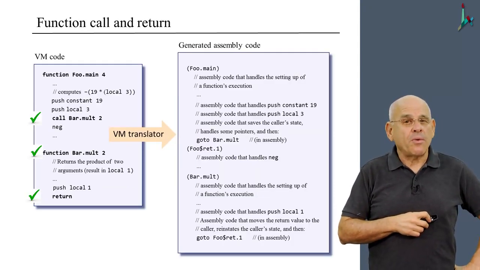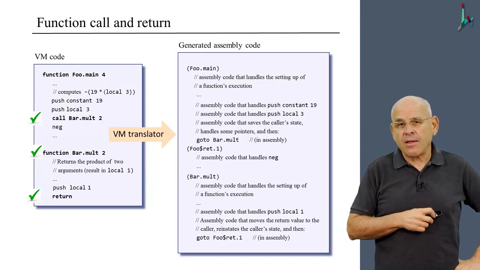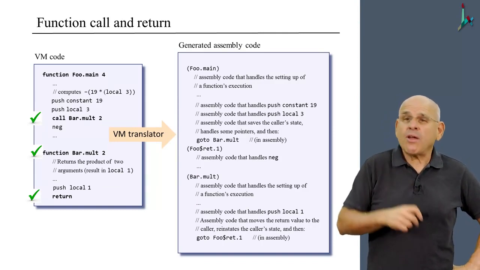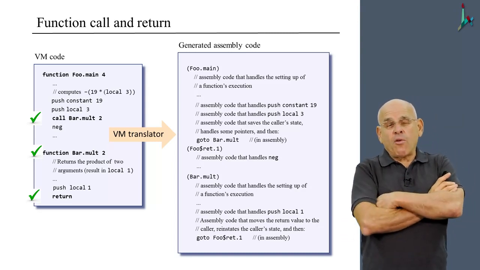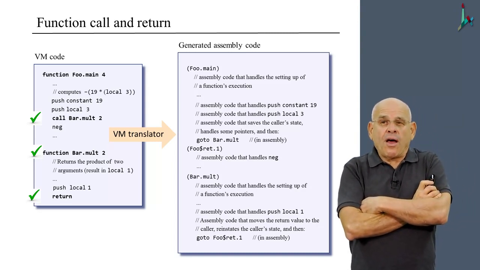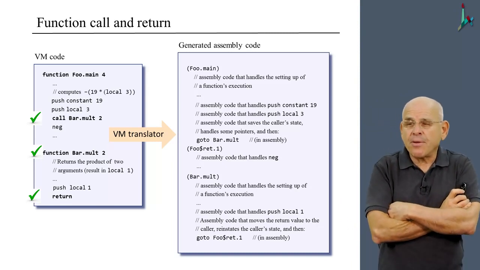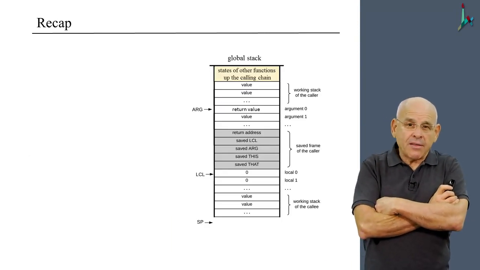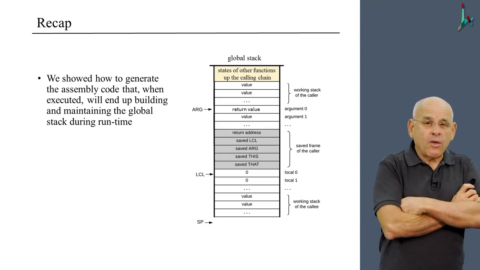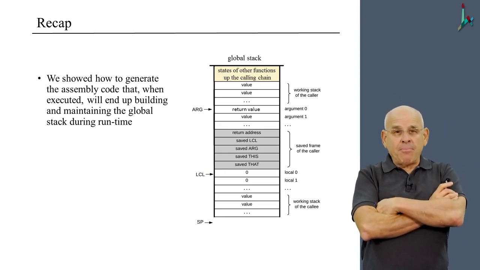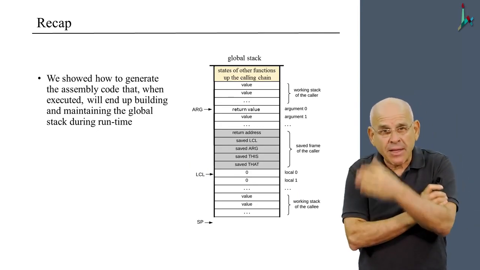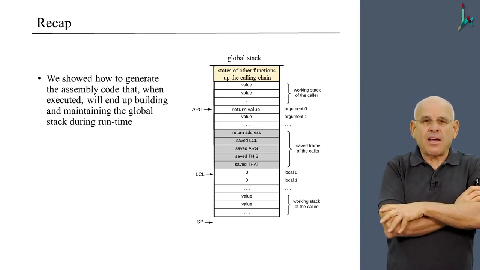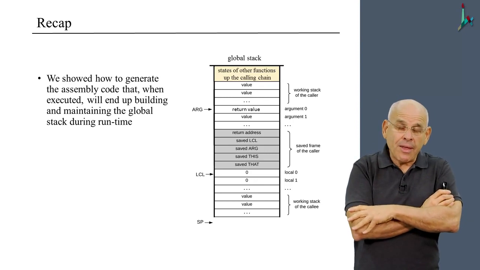So we did it. We showed how to implement return. And basically, we showed how to implement every one of the function calling commands. So to recap, this is our global stack. And we showed how to generate the assembly code that, when executed, will end up building and maintaining this global stack during runtime.